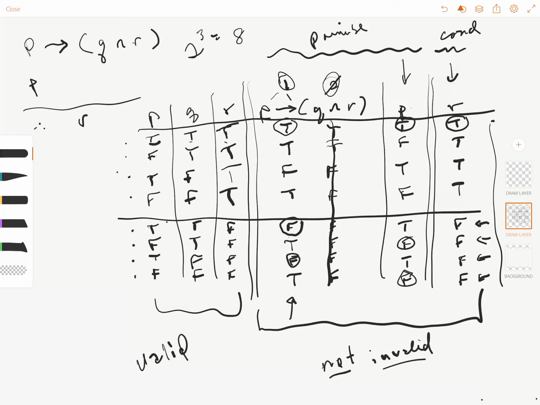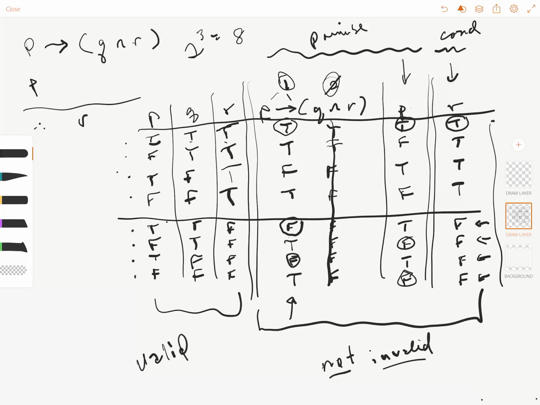Now you might be thinking, well, if an argument's not invalid, doesn't that mean it's valid? And the answer is it's a little more nuanced than that. If you go on and take a more advanced mathematical logic course, this is a topic that will come up. For a variety of reasons, it's better for us to focus on what's technically true, and then we can go ahead and informally say that an argument is valid or invalid based on the truth table.